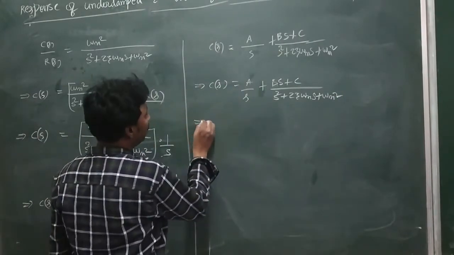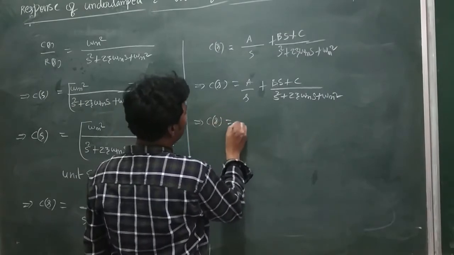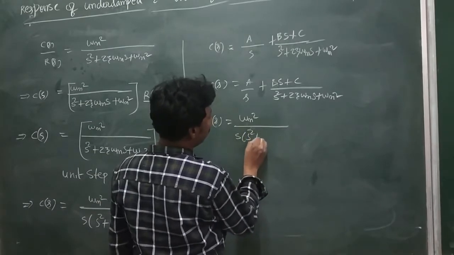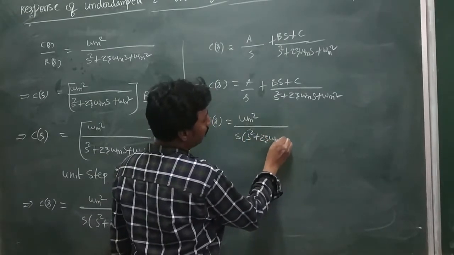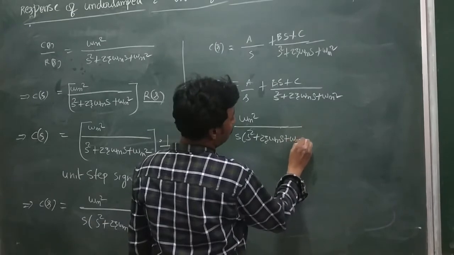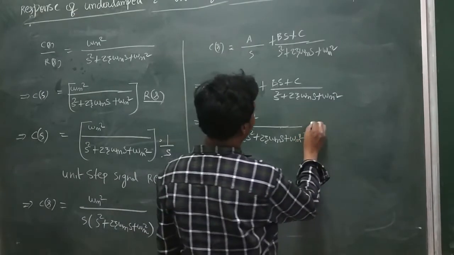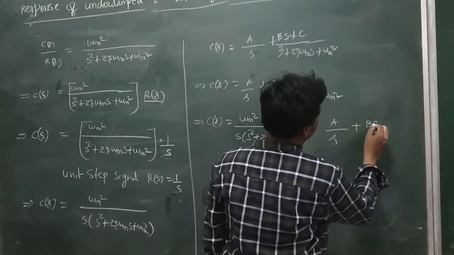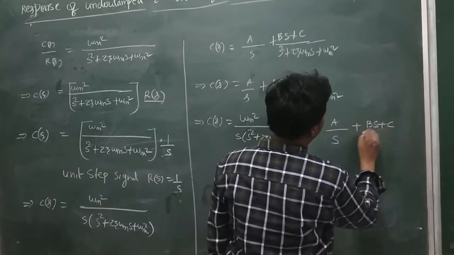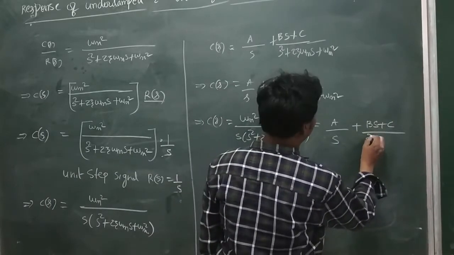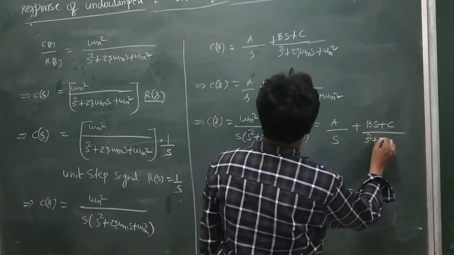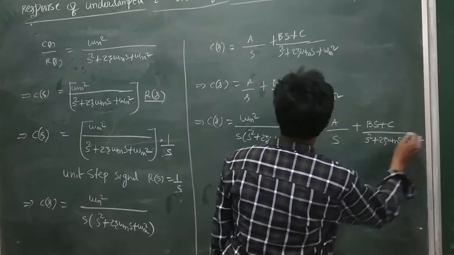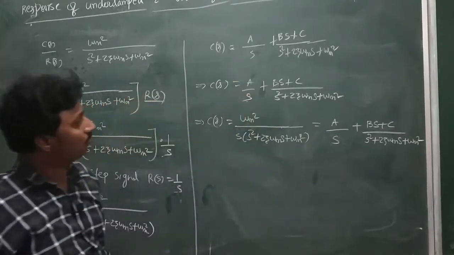C of s is equal to omega n square by s into s square plus 2 zeta omega n s plus omega n square, which is equal to A by s plus Bs plus C by s square plus 2 zeta omega n s plus omega n square, right?